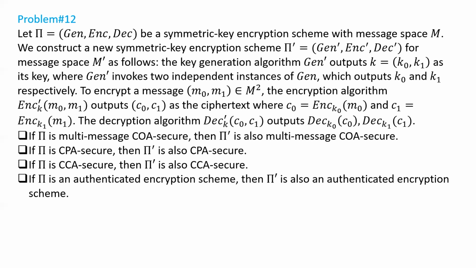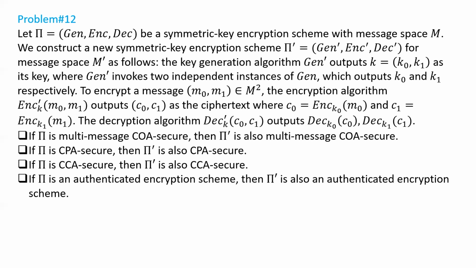One list corresponds to key K0 and another list corresponds to key K1. Otherwise, it is all the same as the original encryption scheme pi. So if pi is CPA secure, then pi dash will also be CPA secure, because this information cannot be used to gain any extra information about how to distinguish the encryption of M0 from the encryption of M1.